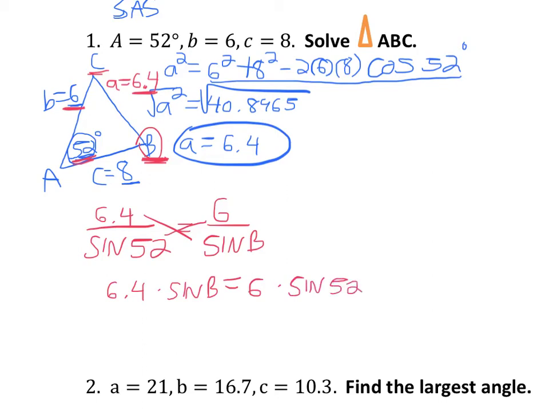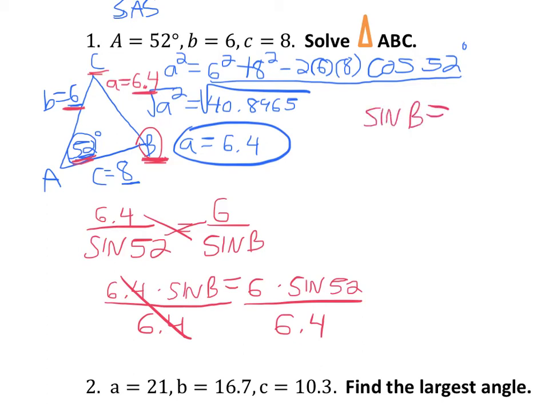To get sine of B by itself, just divide both sides by 6.4, and that cancels. So sine of B equals this whole thing, and I'll throw it right into the calculator.